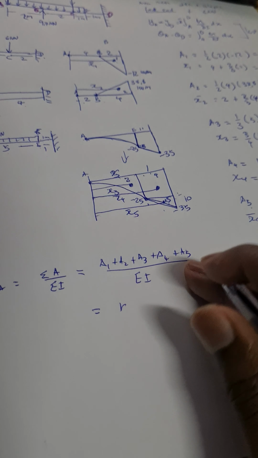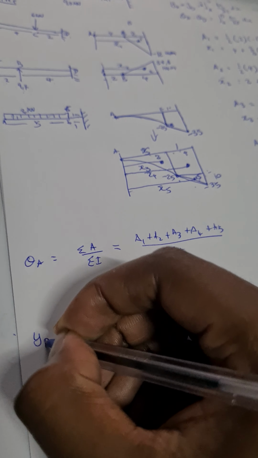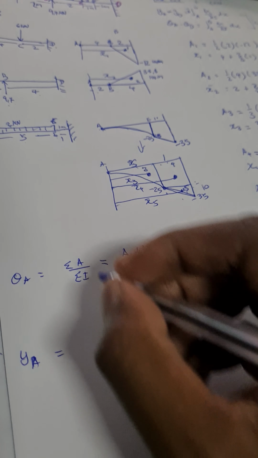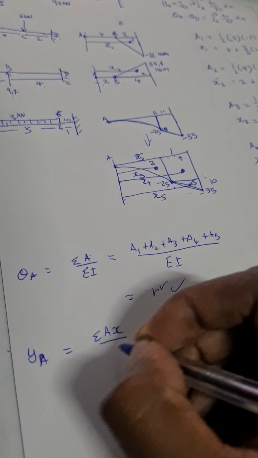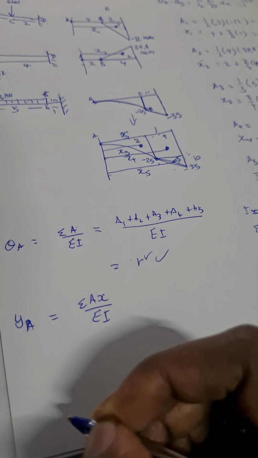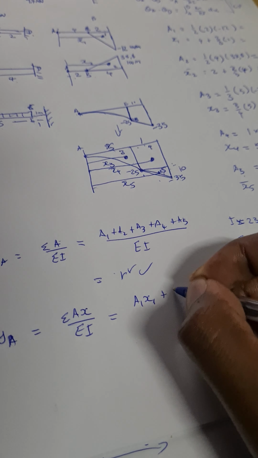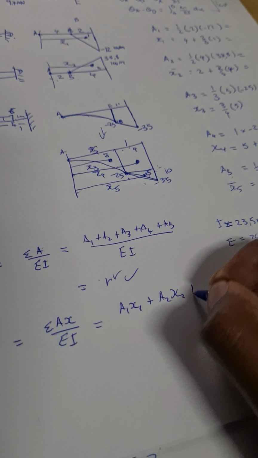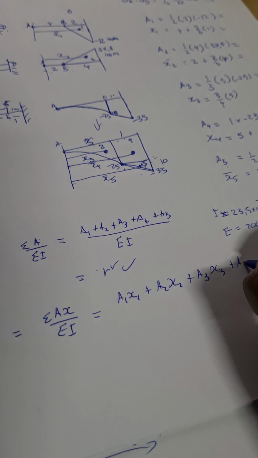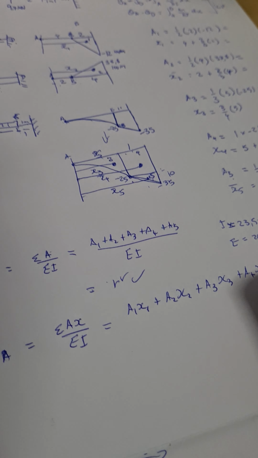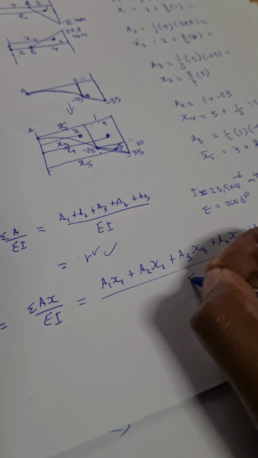For this question, they ask for a deflection. Obviously deflection, you're going to find your answer. Then the deflection at A is, again, the sum of A times X over EI. It's simple now, which is just equal to A1 X1 plus A2 X2 plus A3 X3 plus A4 X4 plus A5 X5 over EI.